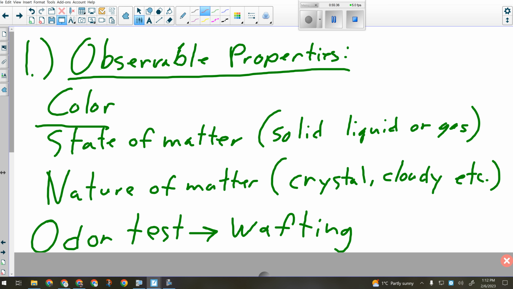So how can I describe whether something is soluble or not? What's it going to look like when I add the water? Maybe it goes clear. What happens to the stuff? Now if it doesn't all dissolve, does that mean it wasn't soluble? Not necessarily.